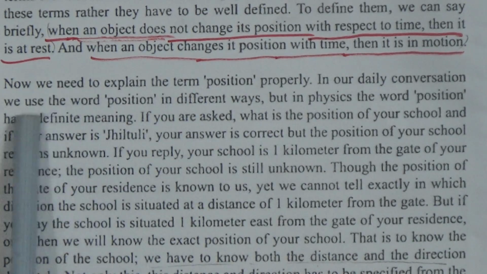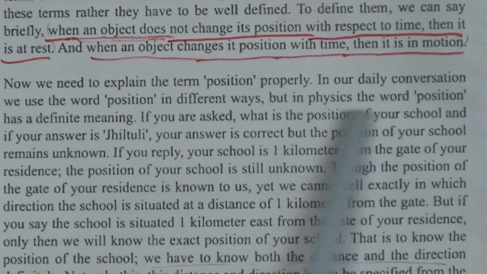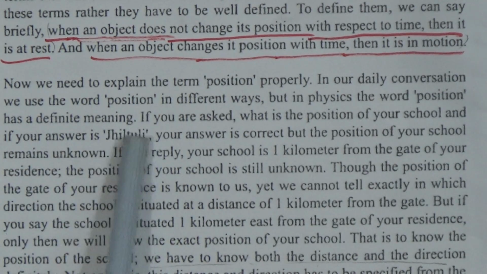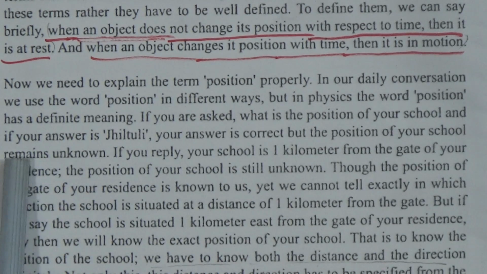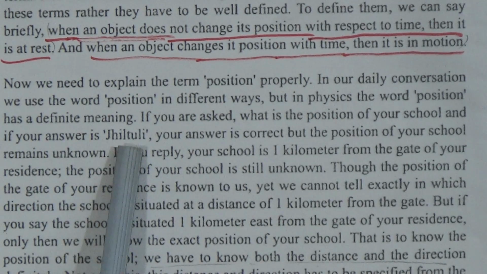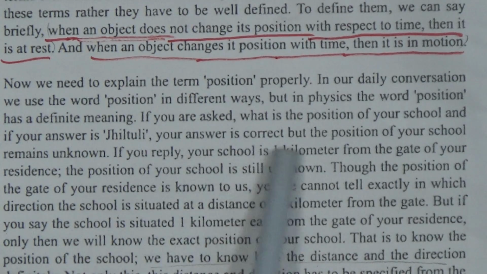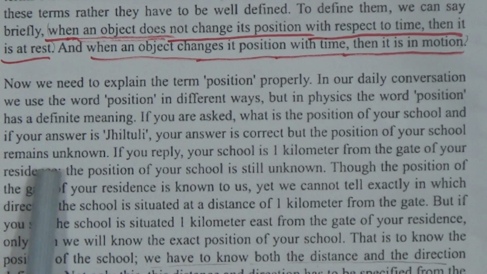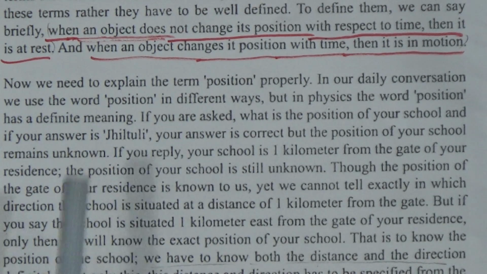Now we need to explain the term position properly. In our daily conversation, we use the word position in different ways, but in physics, the word position has a definite meaning. If you are asked what is the position of your school, and your answer is Bonosree, suppose Bonosree, your answer is correct, but the position of your school remains unknown, because to express position we have to know about distance and direction also.